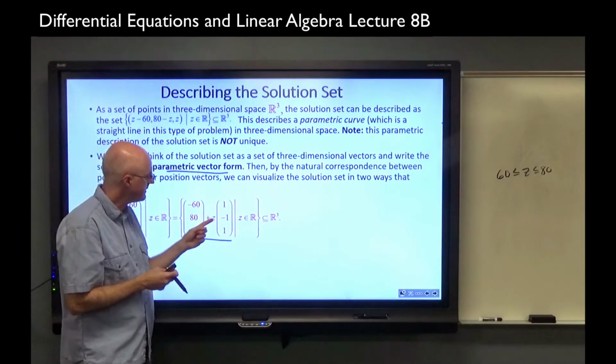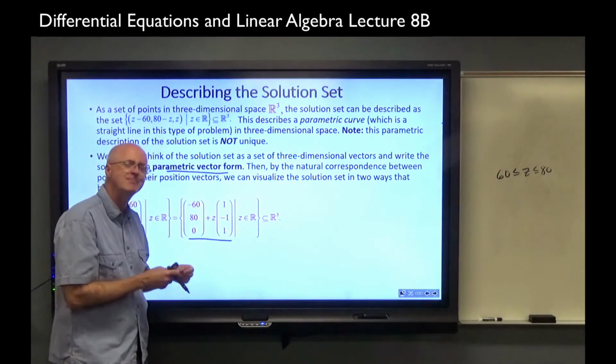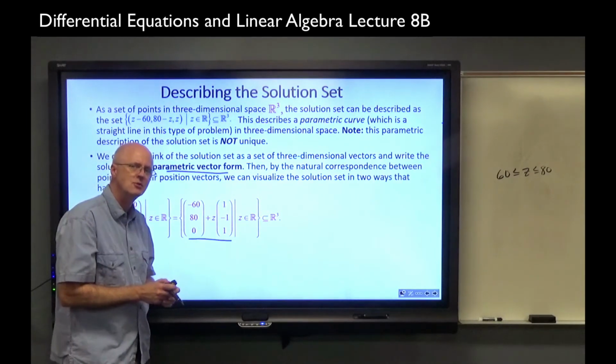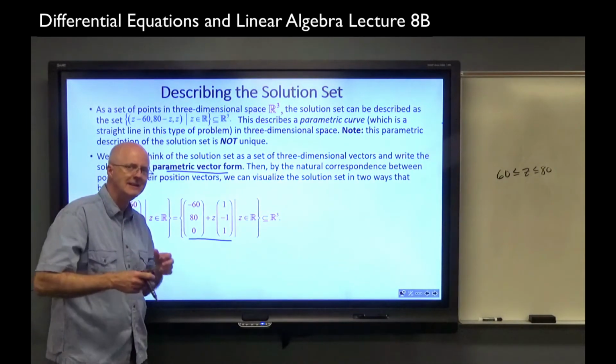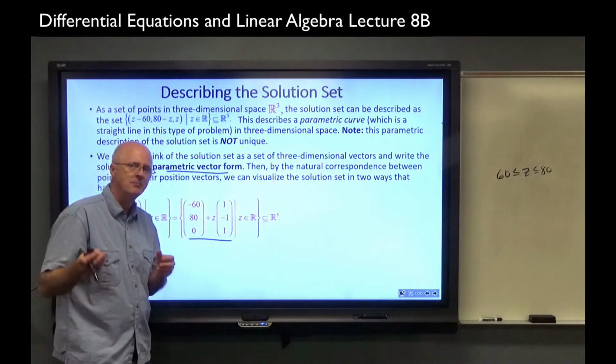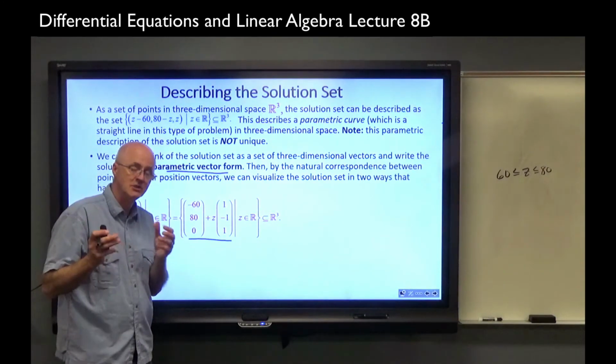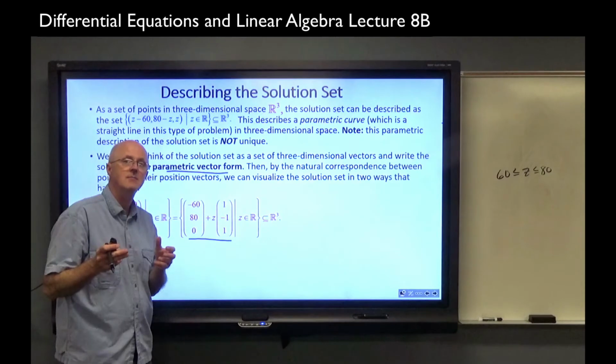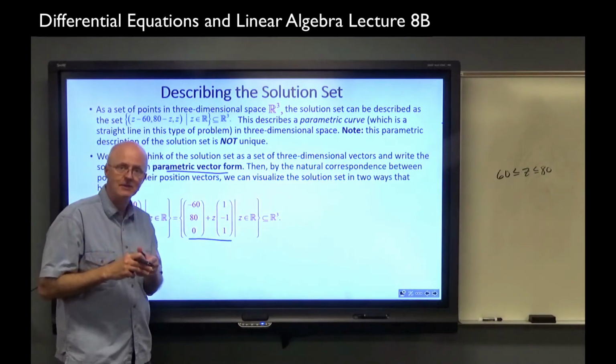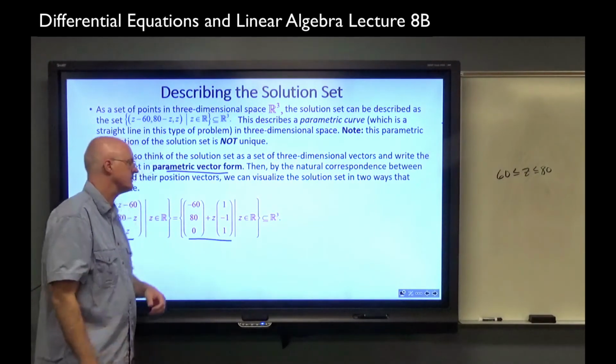And this vector here, next to the z, 1, negative 1, 1, is parallel to the line. Not going to get into details because it would take too long, but essentially this is the geometric definition of vector addition based on the head-to-tail definition. You could also think of it in terms of the parallelogram rule.